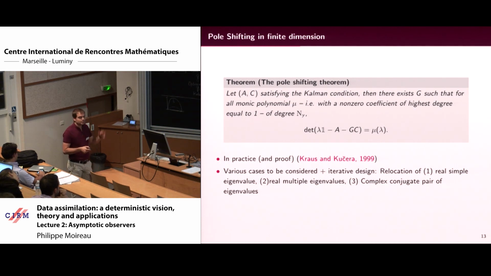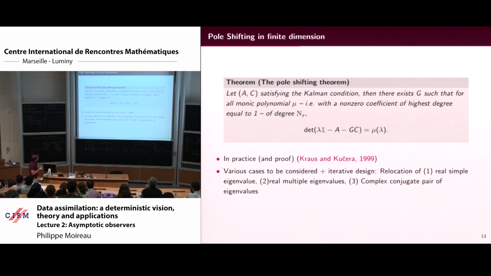for all monic polynomials, so a polynomial where the coefficient of the strongest power is 1, you can have this polynomial correspond to the characteristic polynomial of the dynamics.